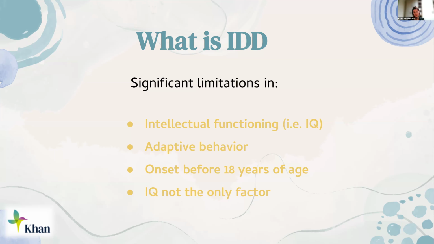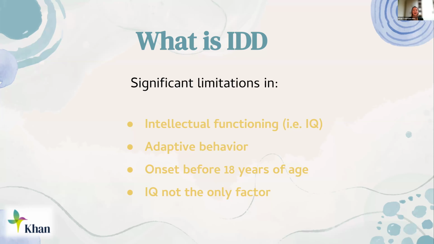It would also affect social interaction skills, so they may be socially less mature than their peers. So all of those adaptive behaviors are also required to be below a certain level in order for it to be an intellectual developmental disorder. So it's not IQ alone.